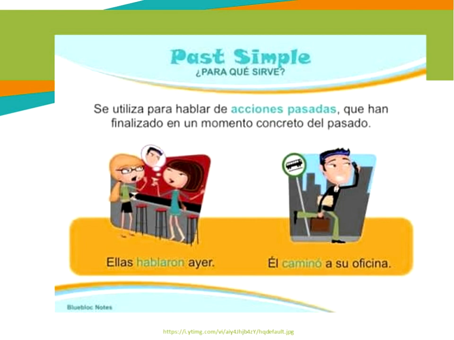We use it for talking about past actions, things that happened in a specific moment in the past. So, if you check here, we can say, this was yesterday. They talked yesterday. He walked to his office. But that is past. It's not now, it's in the past.